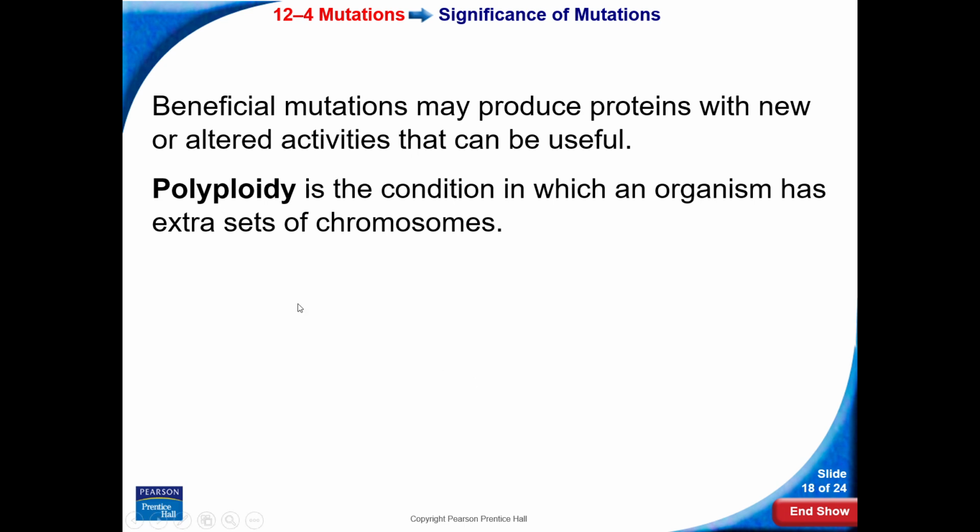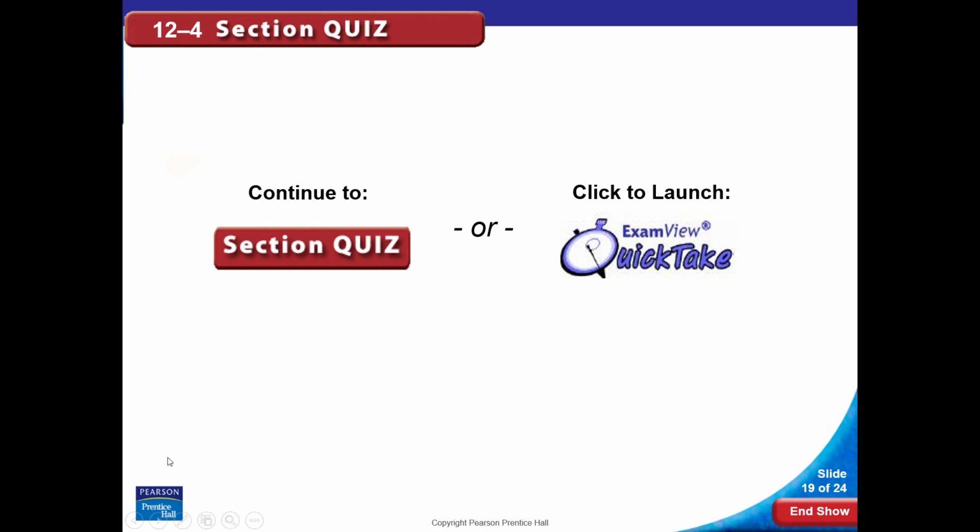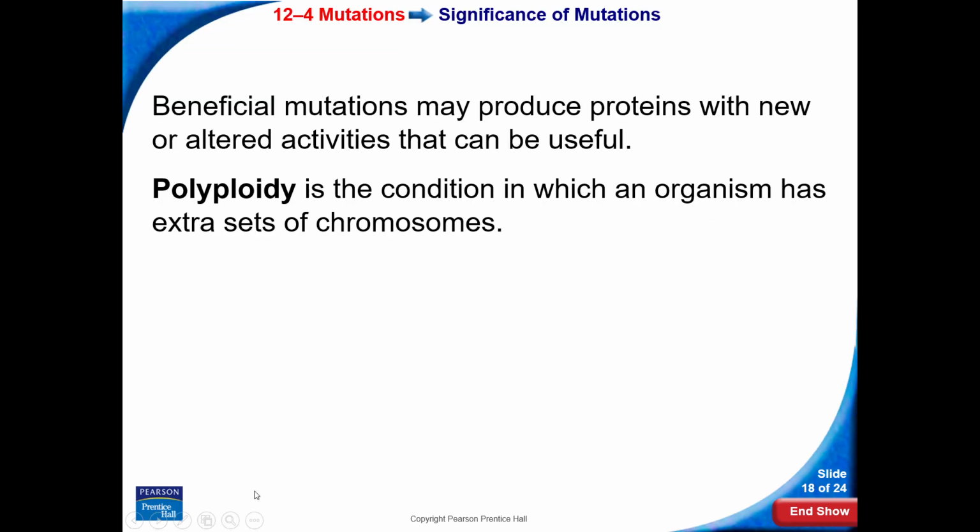Something we haven't talked about is polyploidy, the condition in which an organism has an extra set of chromosomes. Let me go back here. Polyploidy can cause lots of dramatic changes, as you would expect in an individual.